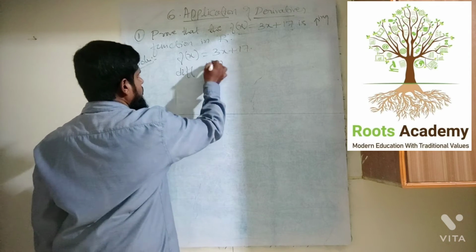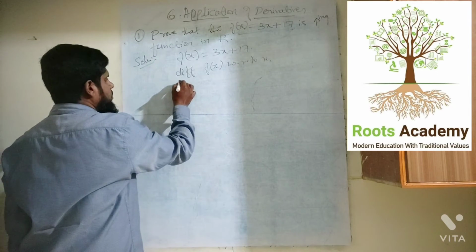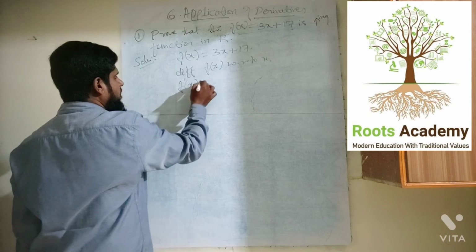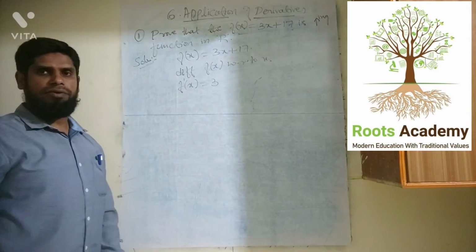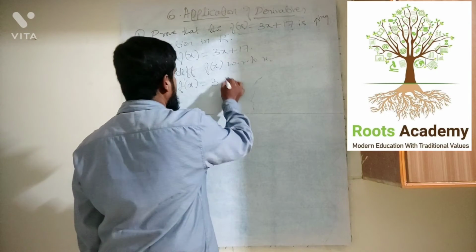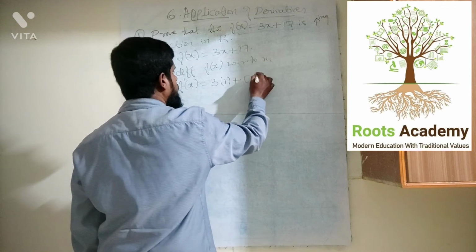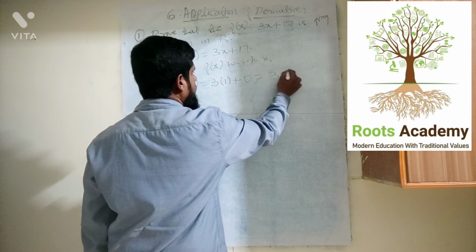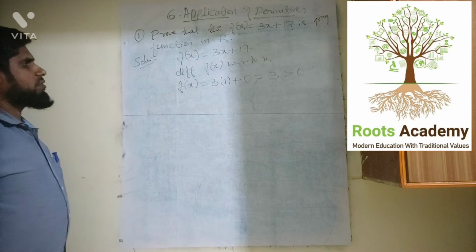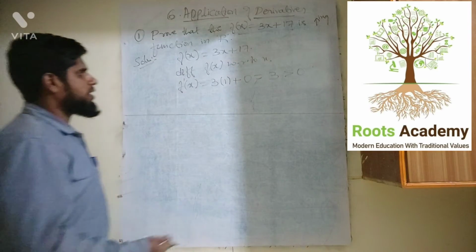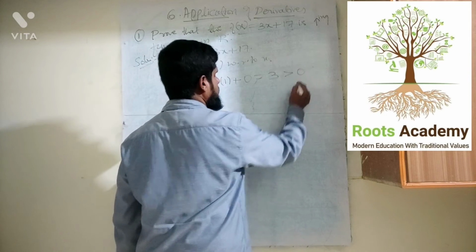Differentiate f of x with respect to x. Simply we will call it f dash of x. So the coefficient stays as it is, derivative of x is 1, plus constant is 0. So its answer is 3. 3 is greater than 0.